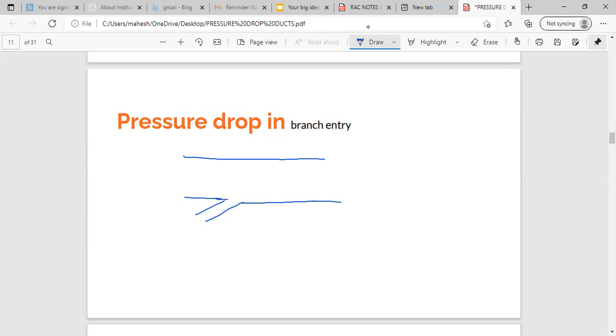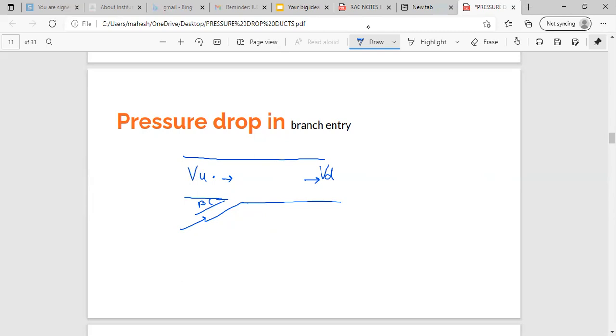This is called the branch entry. Again, this is the angle beta. This is the upstream velocity u, and this is the downstream velocity d. So the corresponding velocities are Vu and Vd.